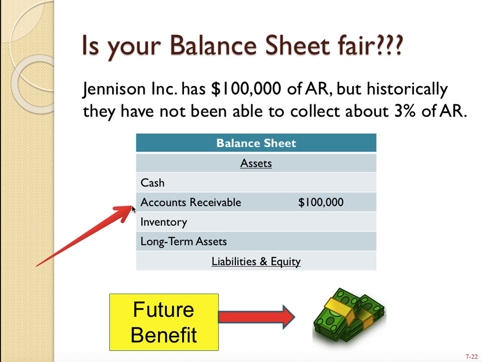So when we're looking at our accounts receivable of $100,000, does that seem really fair? Do we really think that reflects our future benefit, the future cash we're going to receive, knowing that in the past we have not been able to collect about 3% of our AR? Well, no, that's not really fair. It's not an accurate picture of our future benefit.